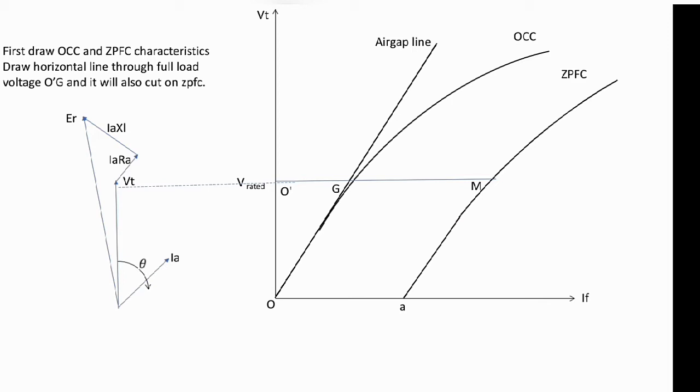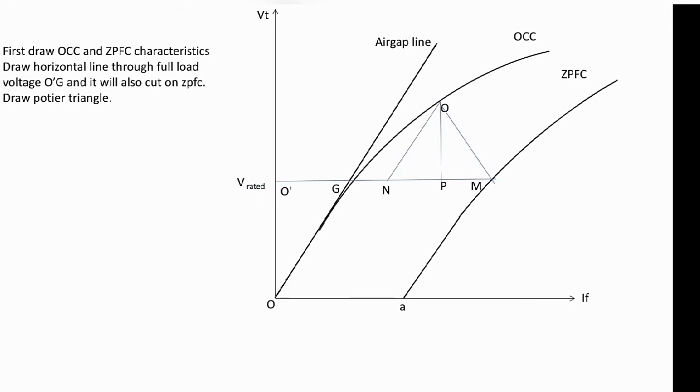Then what will we do? We draw the Potier triangle. When we get the point M, through M we cut the line MN, which is equal to OA.